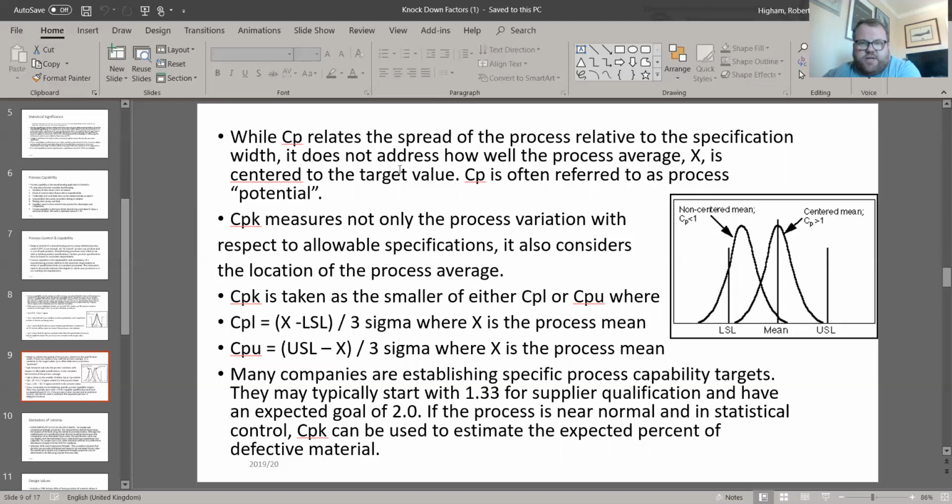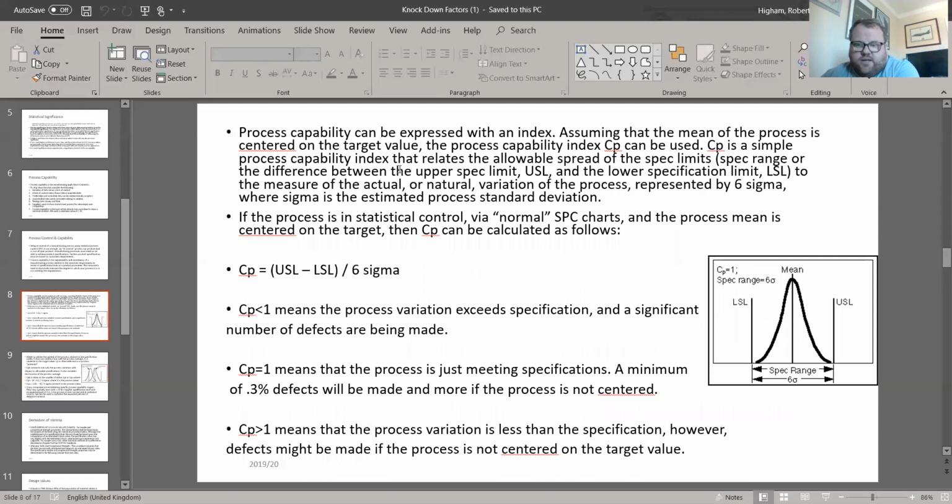So that's the spread of the process related to the spec, but it doesn't address how well the process averages. So this is a really interesting thing as far as materials and specs can be interesting. We had loads of suppliers at Airbus who had exactly this.